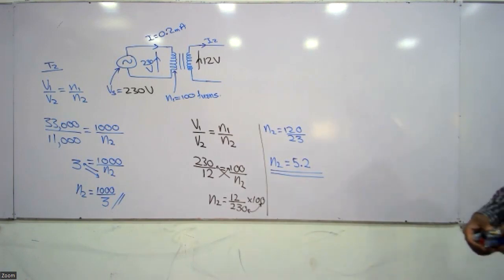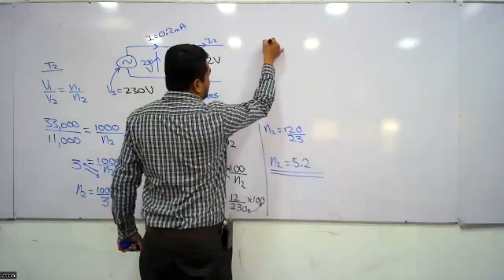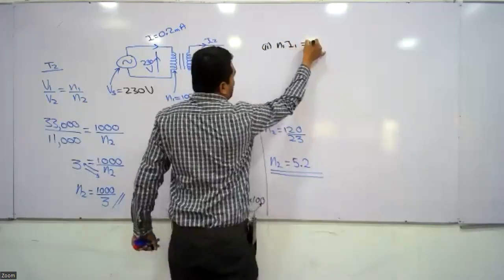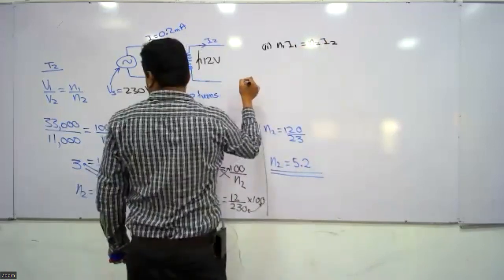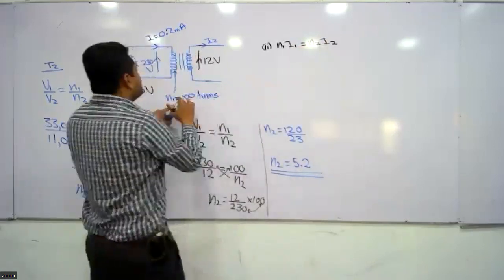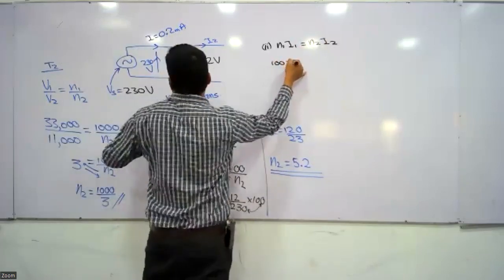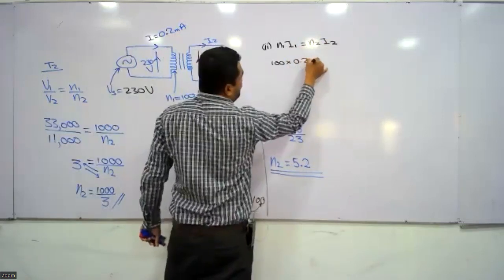Then how do you find the current? In Roman number 2, it is asked to find the current. N1 I1 equals N2 I2. N1, number of turns in the primary coil, is 100. I1, current in the primary coil, is 0.2 milliampere.